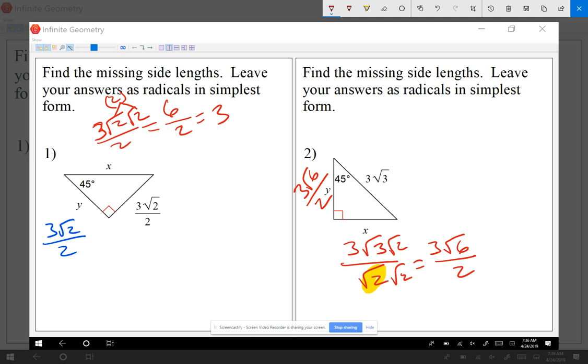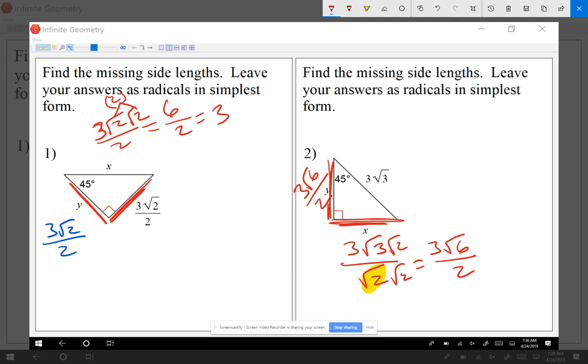So any questions on the 45-45-90s? We're good? The idea on the 45-45-90 is that the two sides that make the 90 degrees are equal. If you look up at both questions, the two that make the 90 degrees are equal. In order for you to get the hypotenuse, multiply that side by radical 2.